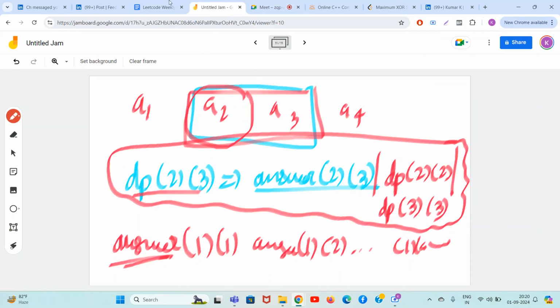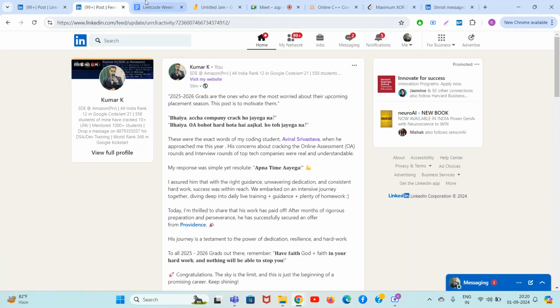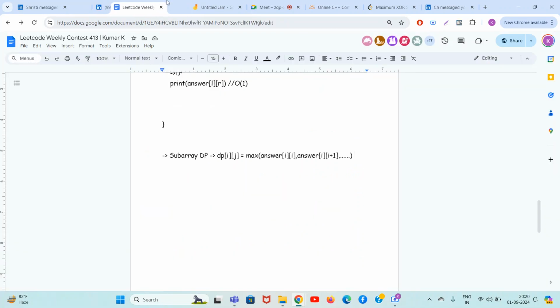So if I take A2 and A3, what should be DP? What will be DP[2][3]? One option is to consider the whole array, answer of 2 to 3.